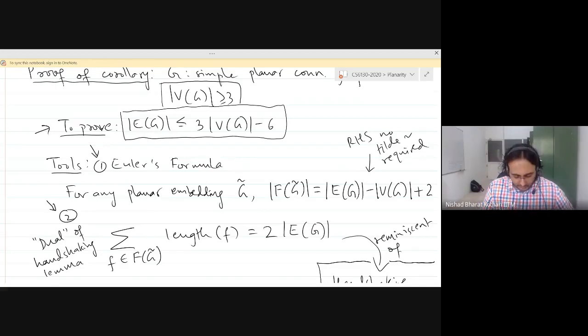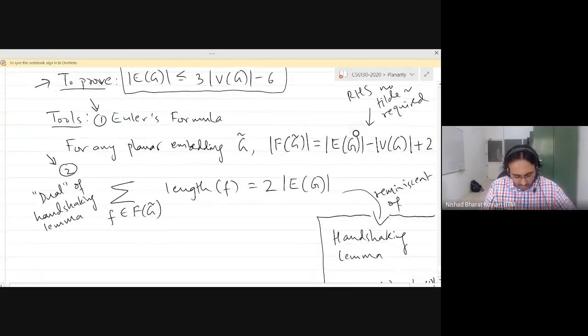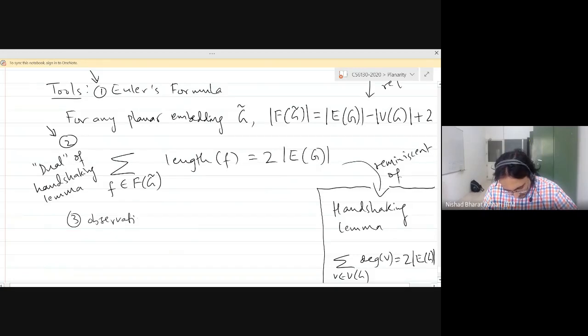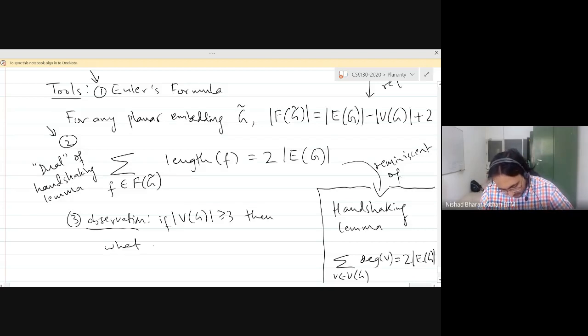Okay, well, if not, let us consider one more fact. There is a third observation that we are going to use. If the number of vertices is at least 3, then what is the minimum length of a face?